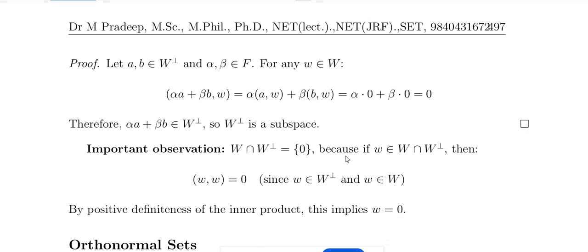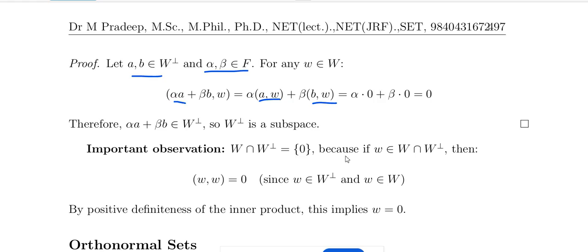We take any two elements A and B in the orthogonal complement. That is, A is orthogonal to W, so the inner product of A and W equals 0, and likewise for B. Let alpha, beta belong to F. For any W belonging to W, the inner product of alpha A plus beta B with W equals alpha times the inner product of A and W plus beta times the inner product of B with W. This is alpha times 0 plus beta times 0, because A and B belong to the orthogonal complement of W, so it equals 0.